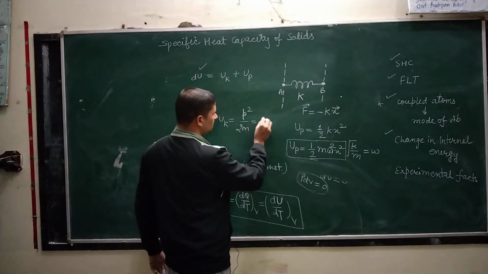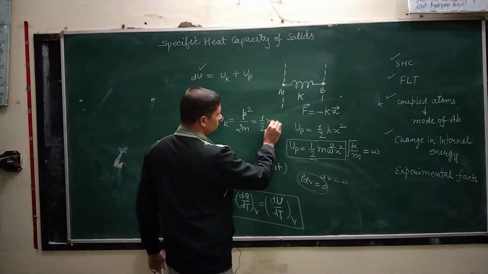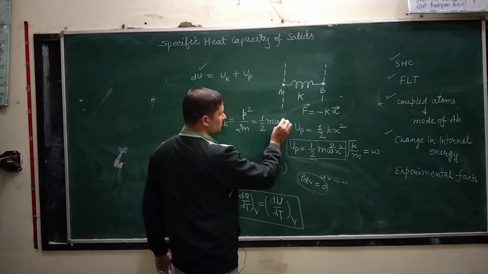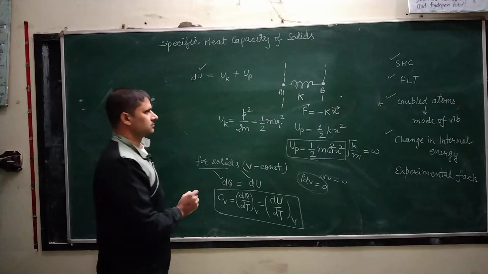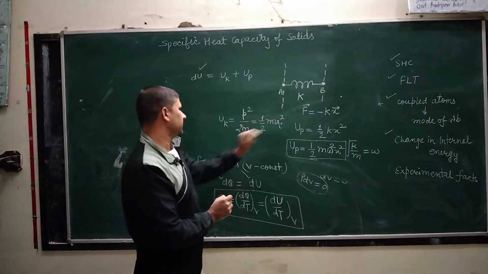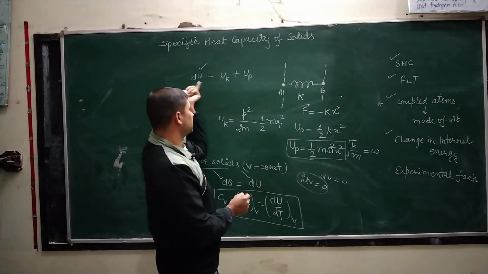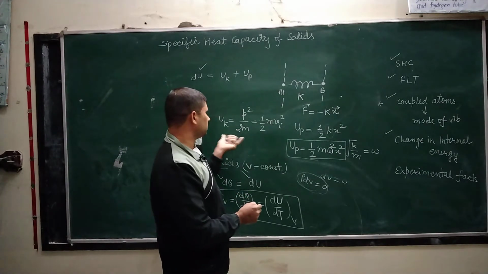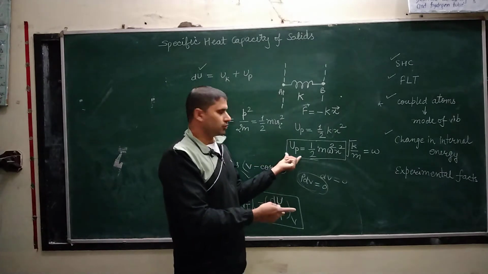So this can be written as 1 by 2 into m, the mass, and the instantaneous velocity of the particle placed at the lattice point.